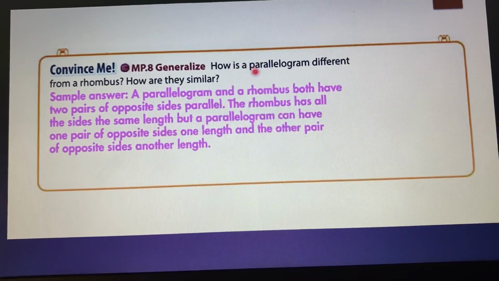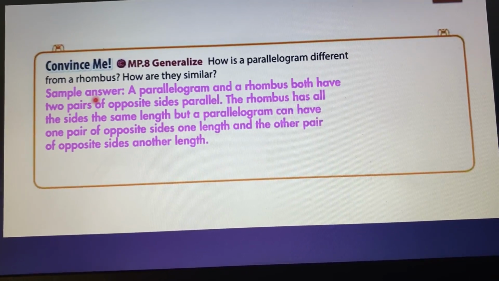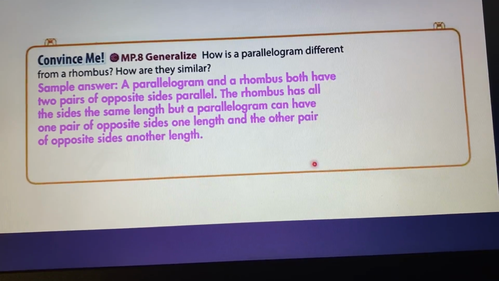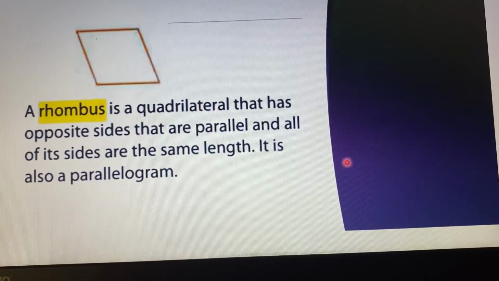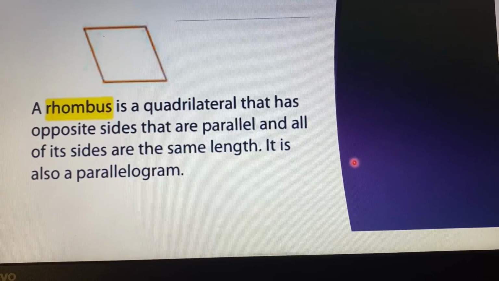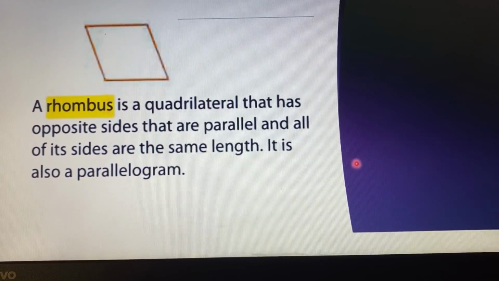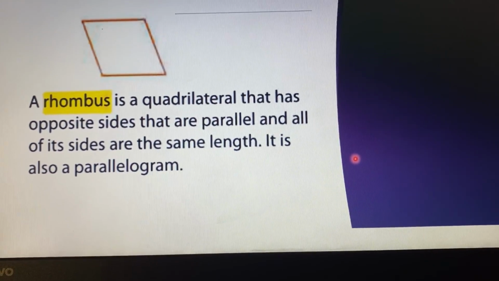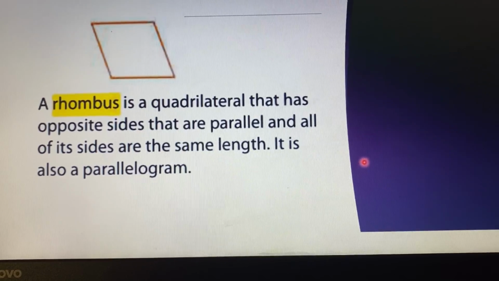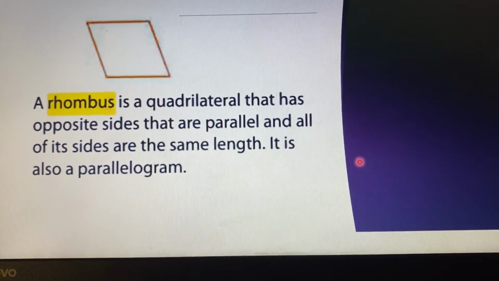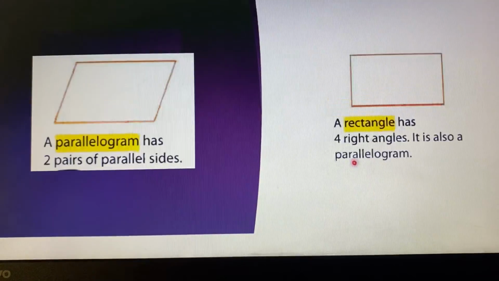How is a parallelogram different from a rhombus? How are they similar? Okay, now look here. This is the rhombus. All the sides, think about the sides, all of them are equal. It has 2 pairs of parallel sides, here and here.